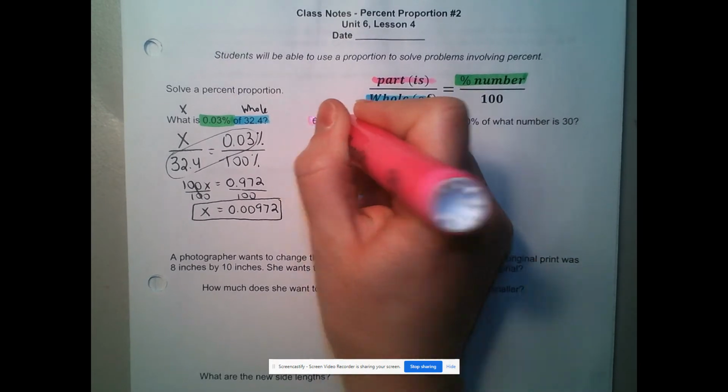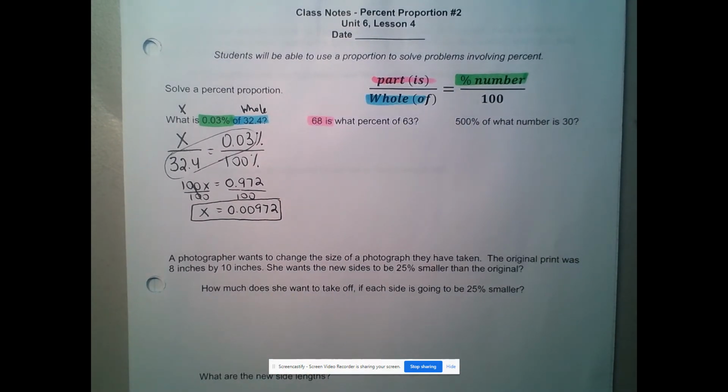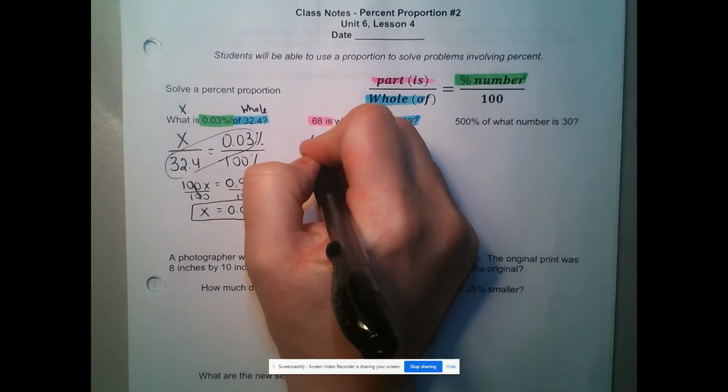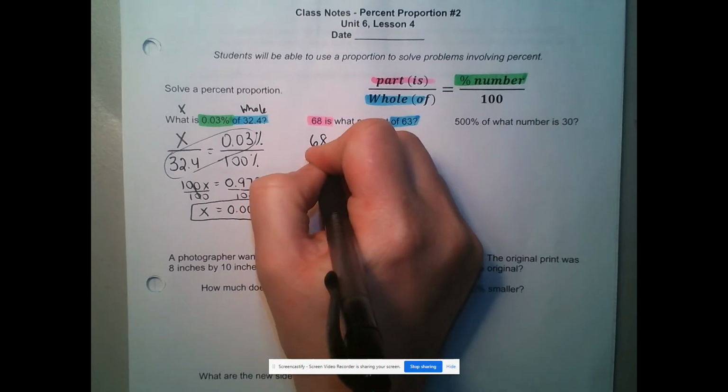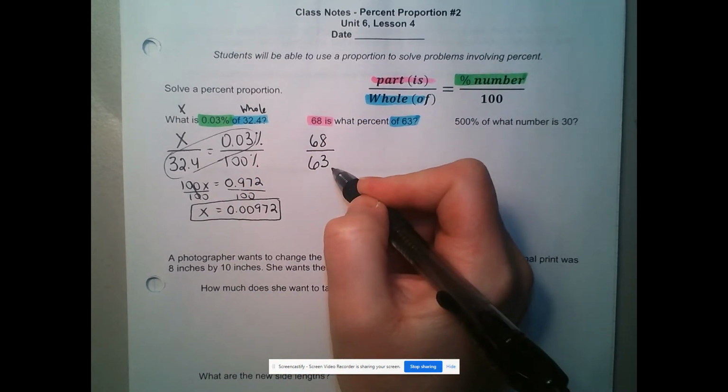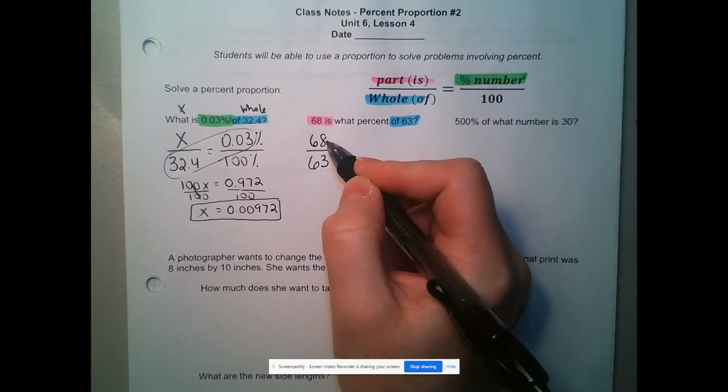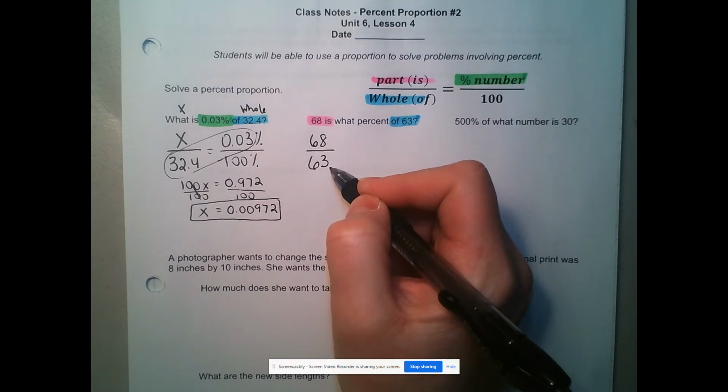The next one, 68 is what percent of 63? Now, when you start labeling, you say, well, there's my is number, there's my of number, and you start to write it out, and you say 68, is goes on top, of 63, of goes on bottom. Some people get a little weirded out, like, whoa, why is it 68 out of 63?